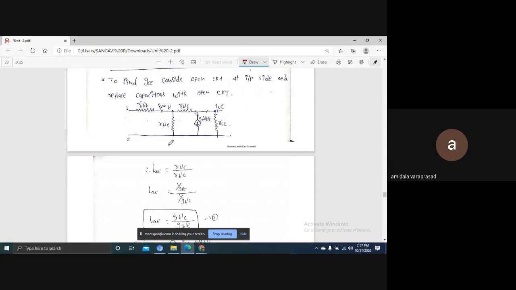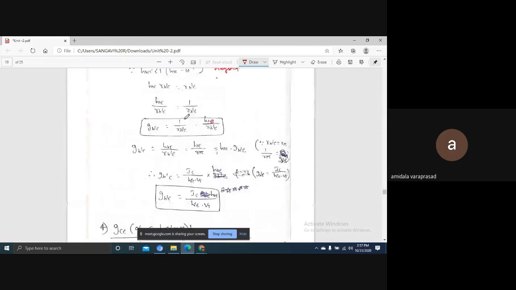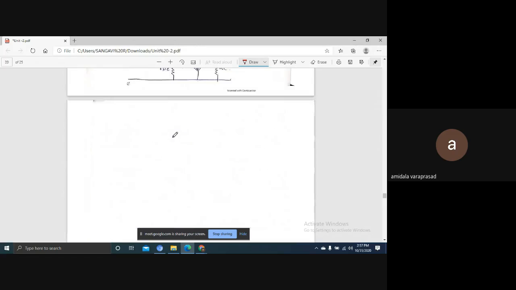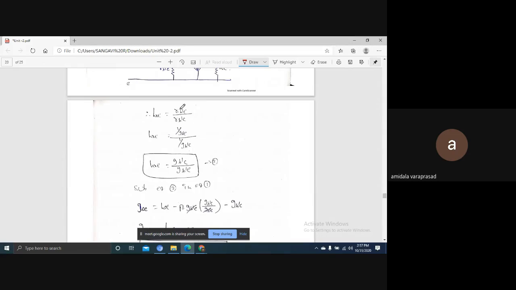Then HRE is equal to GB'E by GB'E. This is equation 2.